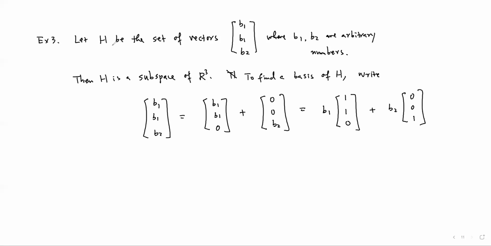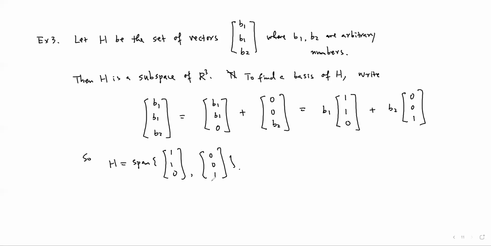So H is spanned by these two vectors, 1, 1, 0 and 0, 0, 1. Therefore, these two vectors are a spanning set of H.